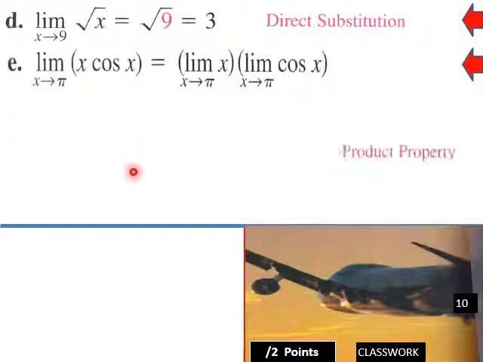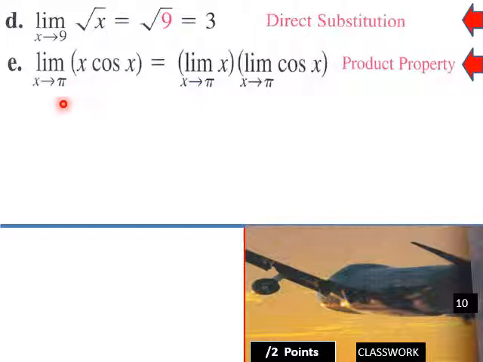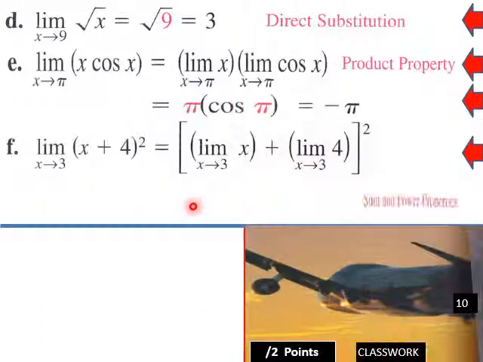We directly substitute. And then here the product property, the limit as x approaches pi for x cosine x would equal the limit of x as x approaches pi times the limit of cosine x as x approaches pi. It would be pi times cosine pi, which would equal negative pi. Cosine pi would be negative 1.